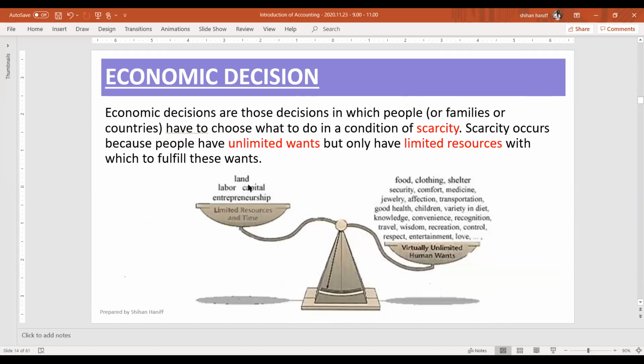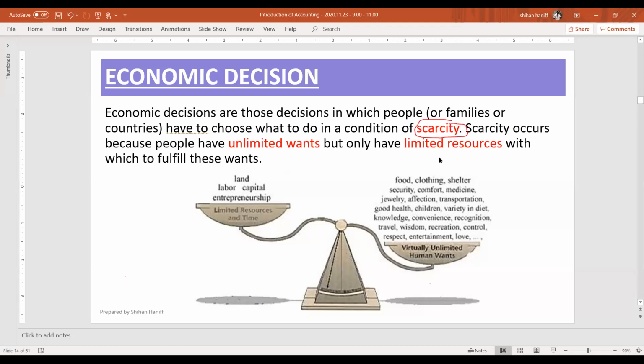This is actually related to economics. You have a major subject called economics. So what is meant by economics? Economics starts with a concept called scarcity.